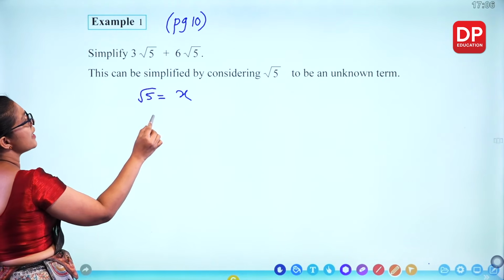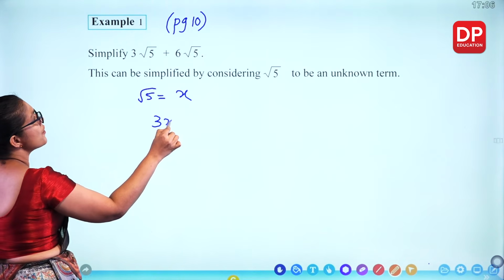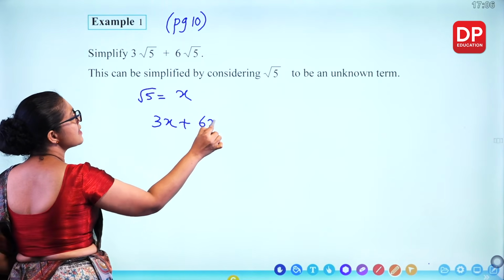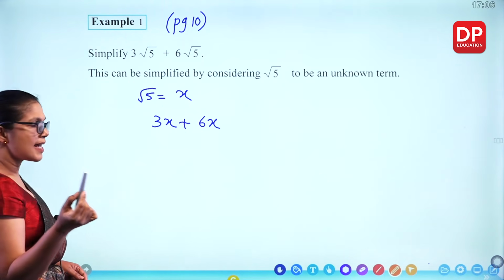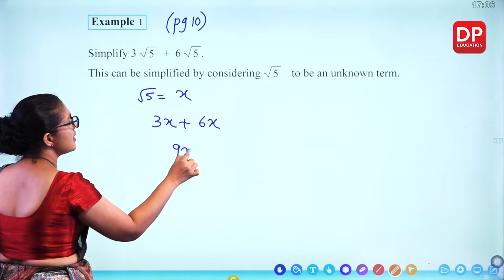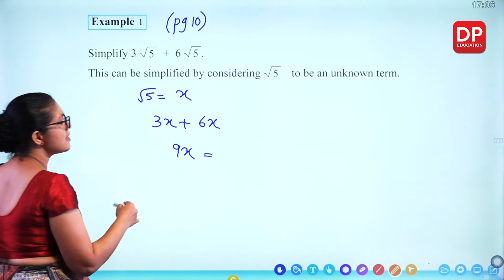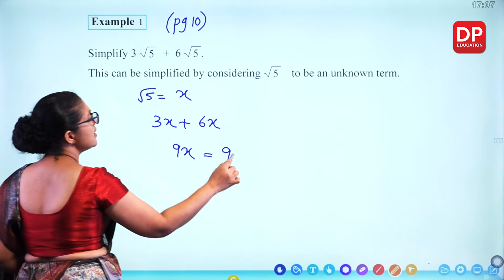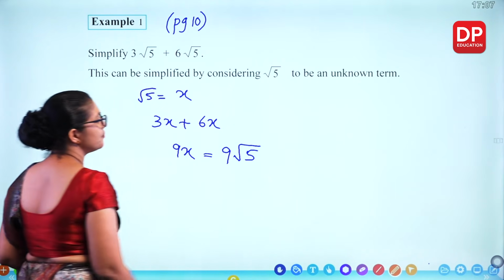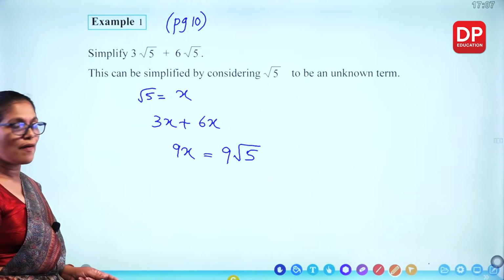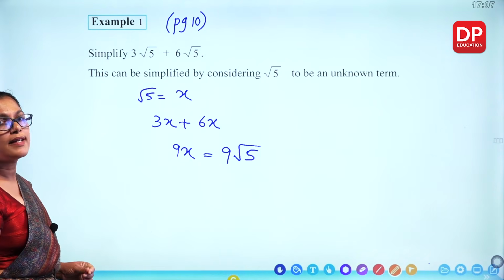So I can simplify this to 3x and 6x. What is 3x and 6x? You get 9x. Again, after you find out this, you can substitute the surd value. So x is root 5. So the answer is 9 root 5.